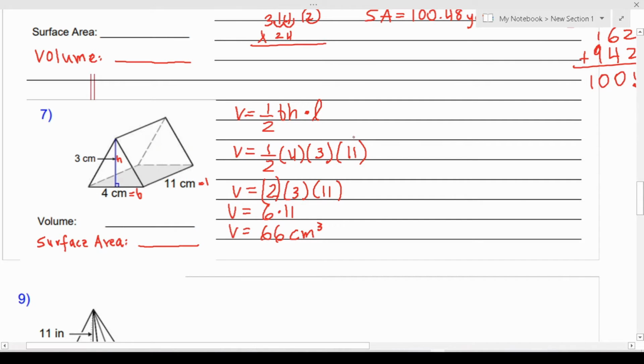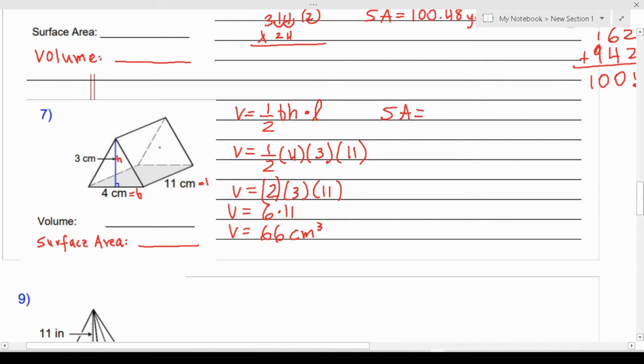All right, so to find the surface area, we have to find the area of all the faces in this object. As we can see, there are 2 triangles which mirror each other. Then there's a base rectangle and 2 side rectangles, which mirror each other.